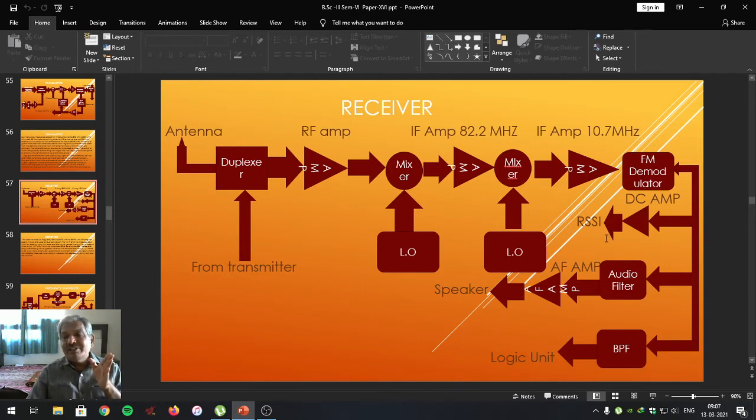Thus the radio frequency signal for that particular cell phone is transferred from the tower of one cell to the tower of the other cell. This process of transferring the signal from one cell to the other is known as handoff.